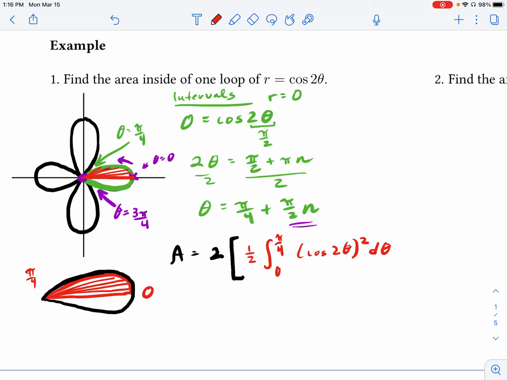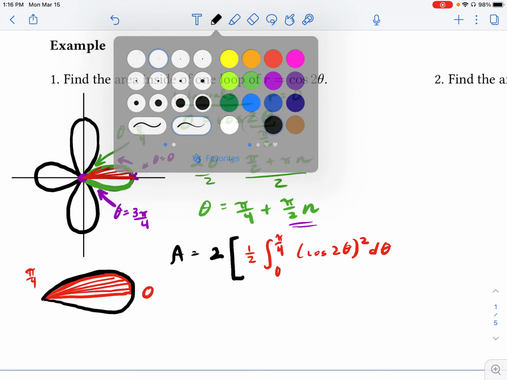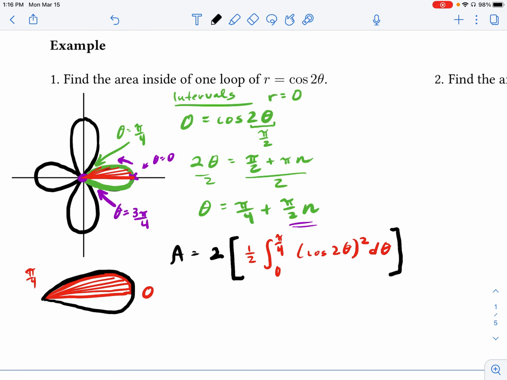So again, what I've just found here is the area of half that petal from 0 to pi over 4. I just went ahead and integrated that from 0 to pi over 4. That's going to give me the area of half of that petal. So that just means I'm going to double it. That 2 is going to divide out with that 1/2. And so you're just integrating really this.